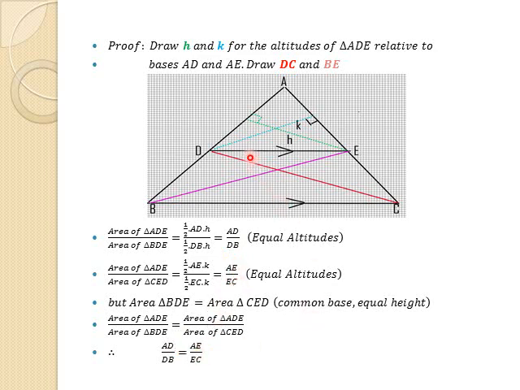So in short, when I have two parallel lines, the corresponding sides from A to B, AD over DB, must then equal AE over EC. Or AB, the longer side, over the shorter side, AD, must equal here the longer side, AC over AE.